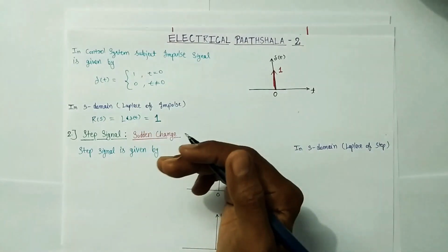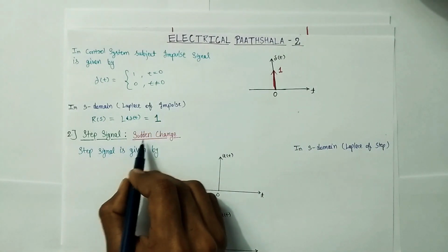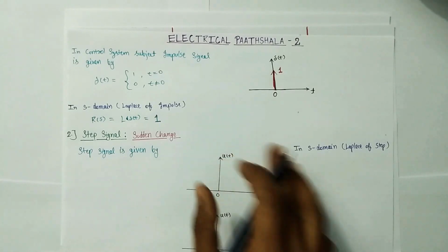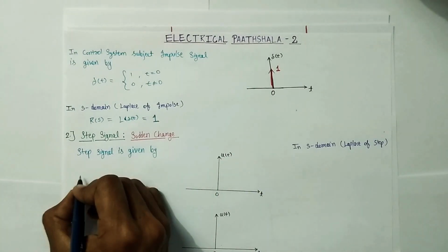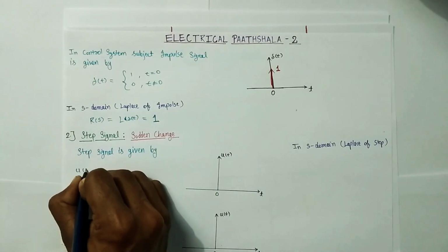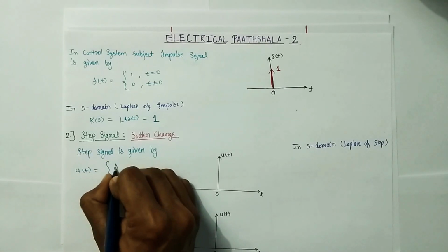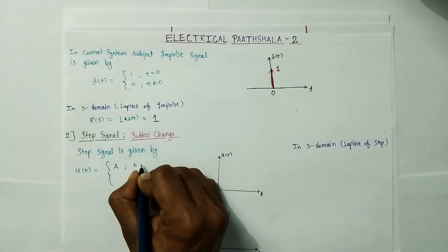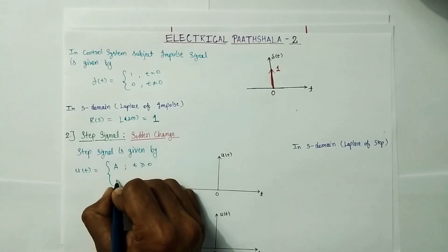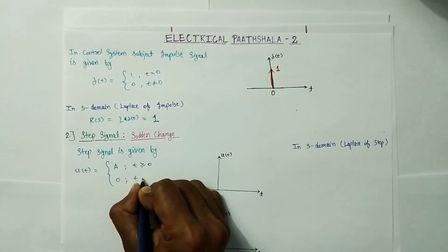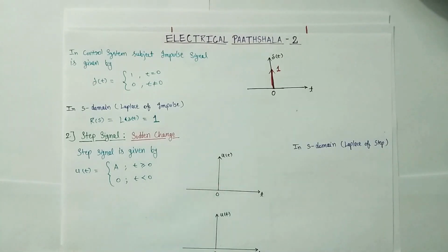Now our second test signal is the step signal, which is also known as sudden change. So the step signal is given by u(t). u(t) is equal to A when t is greater than or equal to 0, and 0 when t is less than 0.